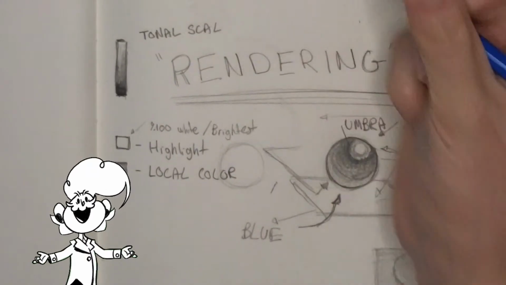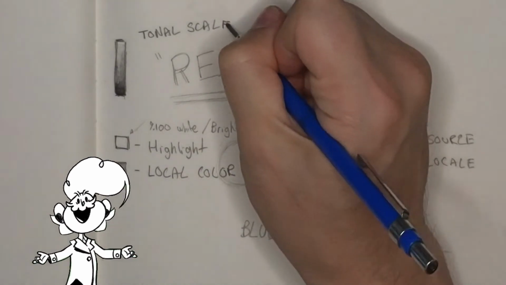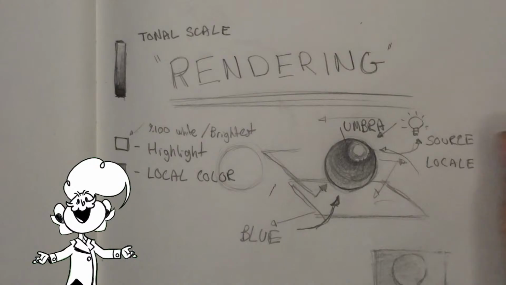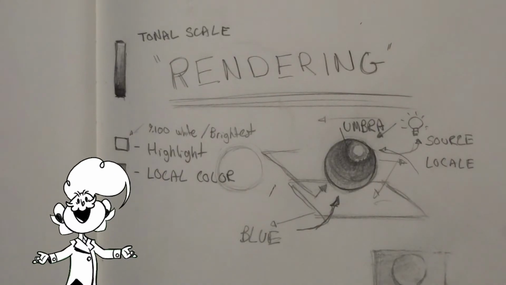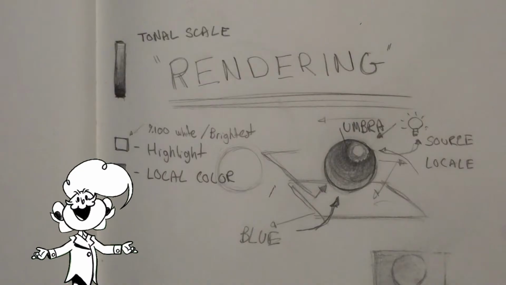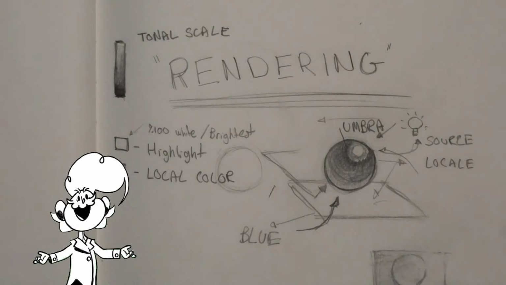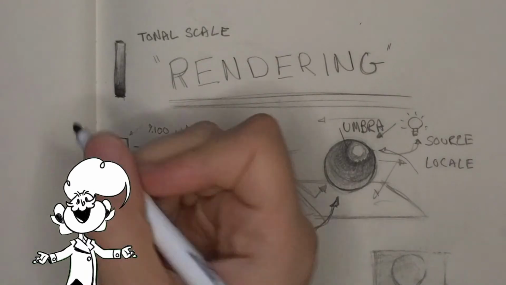And you're going to want to have the full range of tones anytime you're rendering things. Again, that's sort of preferential, really, but it just means you have more contrast and more range.